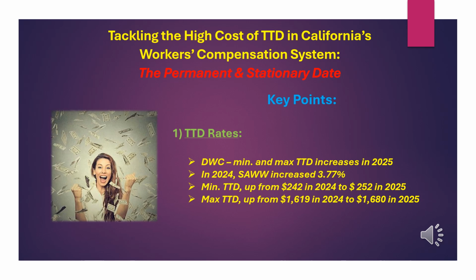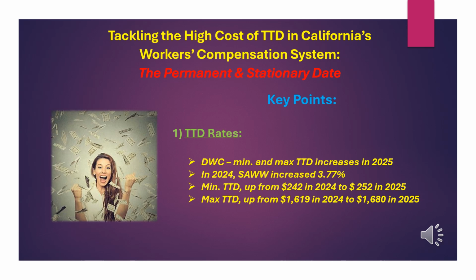So practically speaking, in the 12 months ending March 31st of 2024, the state average weekly wage increased from $16.42 to $17.04 per week. And that was roughly a 3.77% increase. Now this means that the TTD rates will increase by that same percentage. So the minimum TTD weekly rate will increase from $242 to $252, and also the maximum rate will increase to $16.80 per week from $16.19 per week.